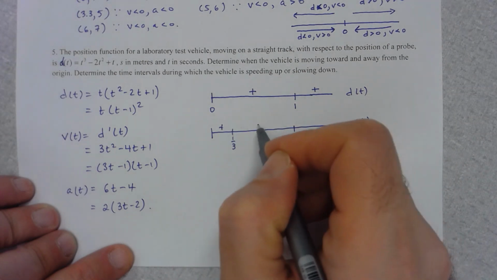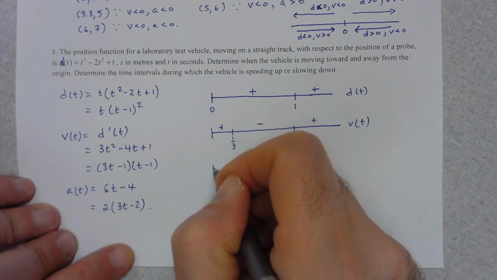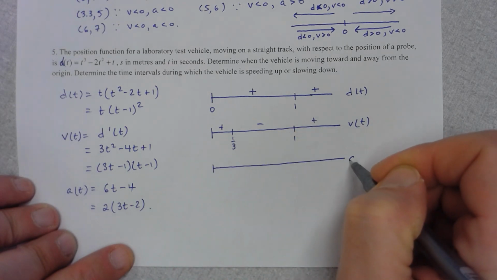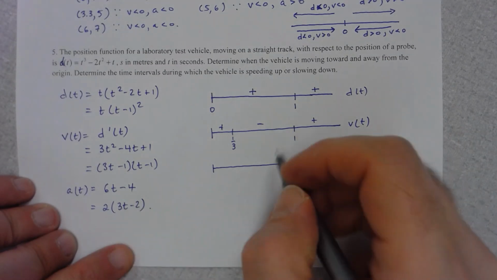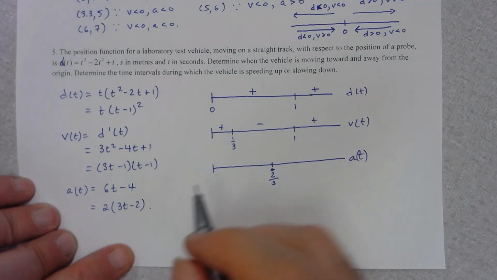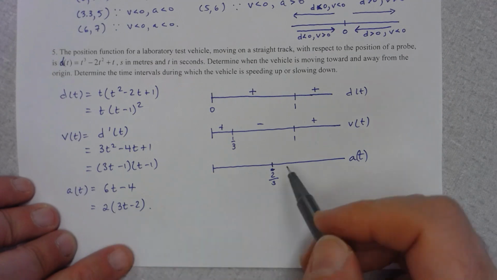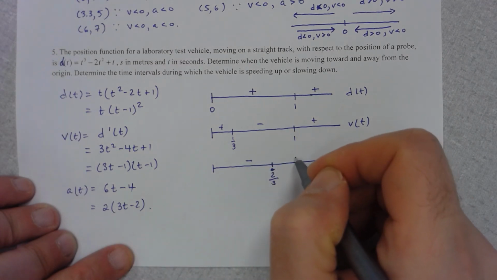Okay, and lastly, I'll take my acceleration function. All right, and the only place it can change sign is at 2/3. All right, and this is just a line with a positive slope, so it's increasing. So it's going from negative to positive.